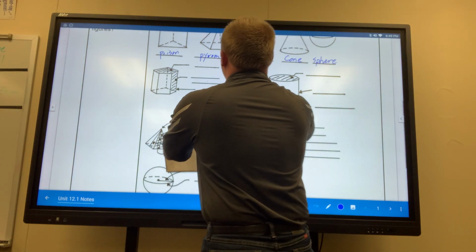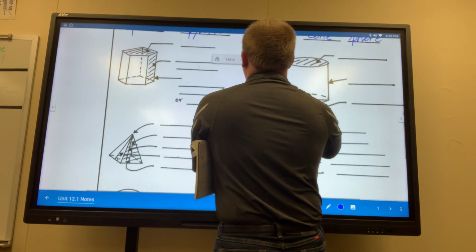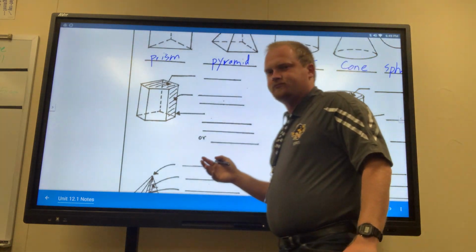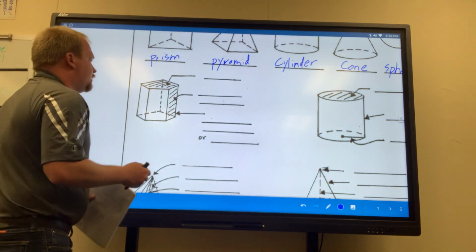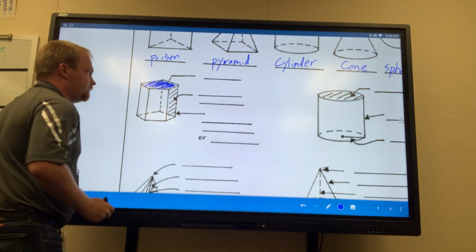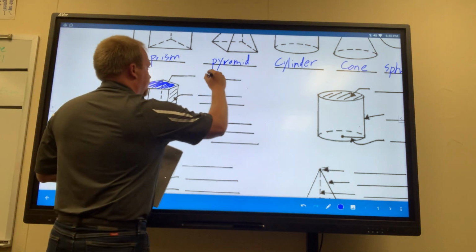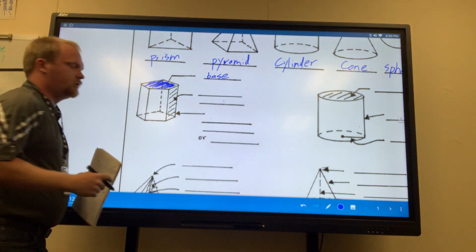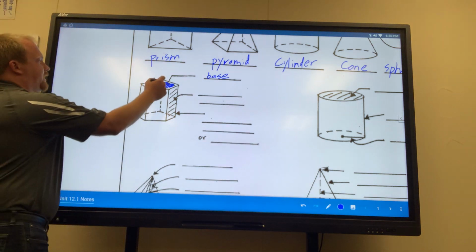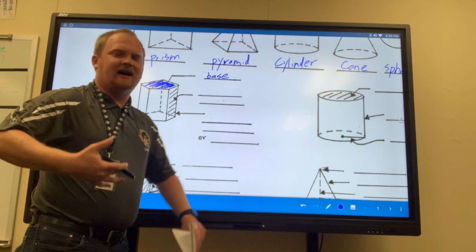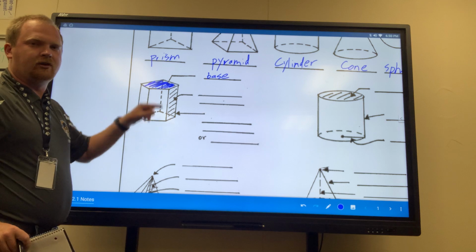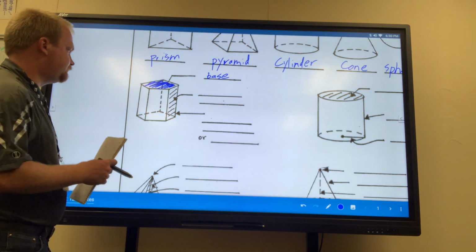So first, I want to zoom in a little bit more. Let's look at this prism, for example. This right here where the arrow is pointing, that is called a base. Wherever it sits, whether on the top or the bottom, where the two bases are the same figure across from each other, that's called a base.